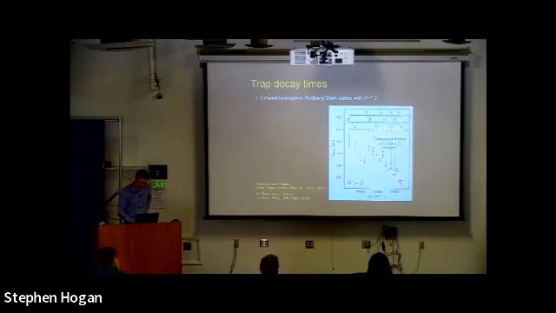Then we see these shorter lifetimes here for these lower n. This is because of the interaction of the Rydberg electron with the quadrupole moment of the ion core, which leads to a coupling between rotational series that differ in rotational quantum number by 1. I haven't plotted these lines here, but at these positions there's this n equals 34 state in the N+ equals 2 series, and this is degenerate with the n equals 32 state in the N+ equals 3 series.